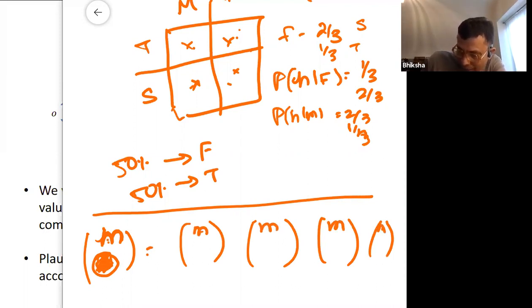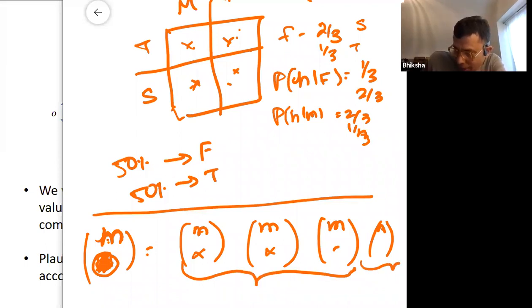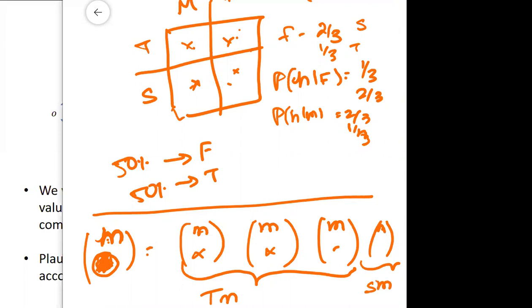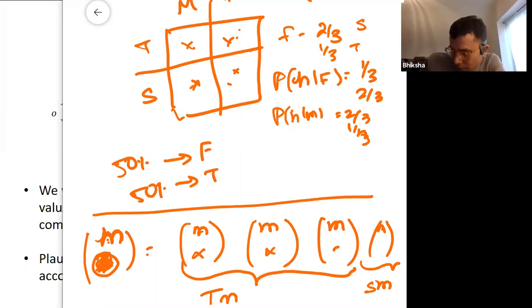So all of these are male. Then can you tell me what fraction of these are going to be tall males and what fraction are going to be short males? They should start to approach the 1/3, 2/3. So 2/3 would be tall and 1/3 would be short, right?